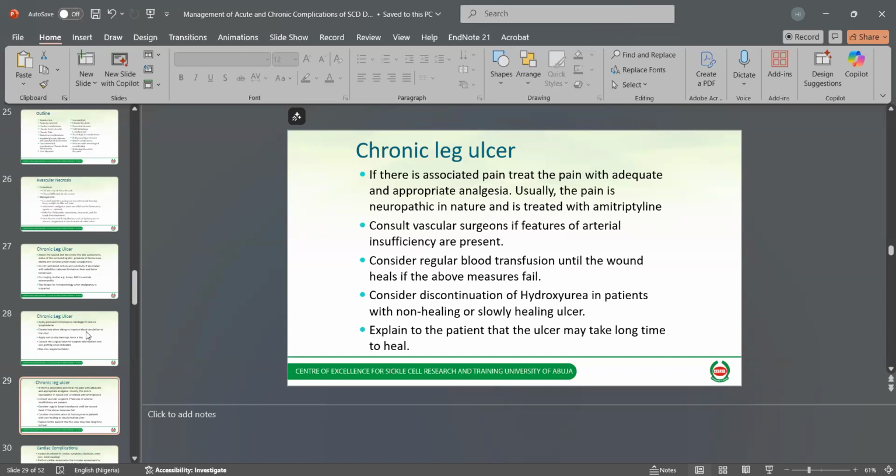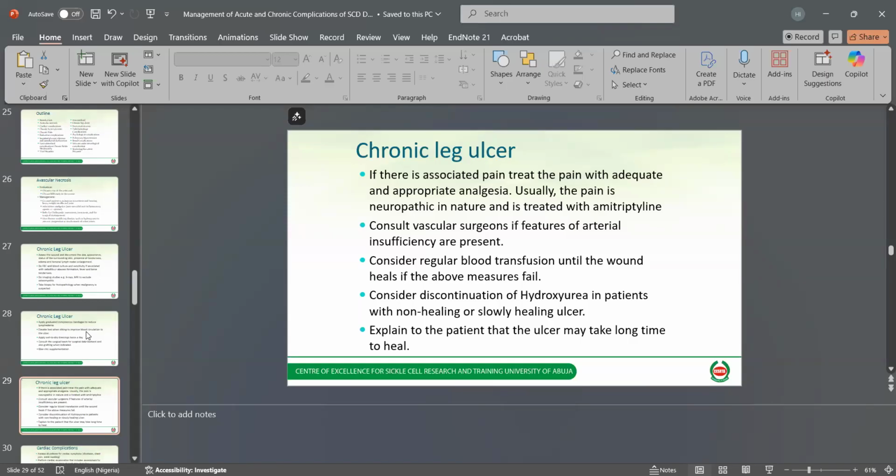Explain to the patient that the ulcer may take a long time to heal. So treatment of leg ulcer could actually be very frustrating, difficult to heal, especially if the triggering or the risk factors are not identified and removed.